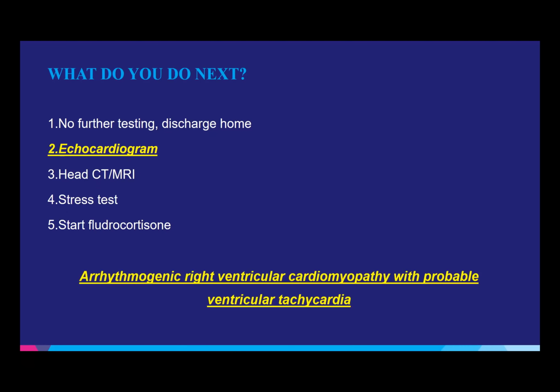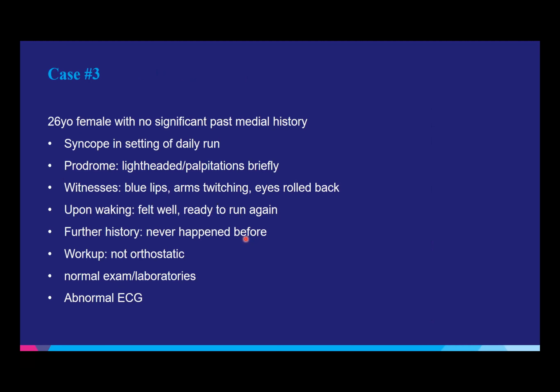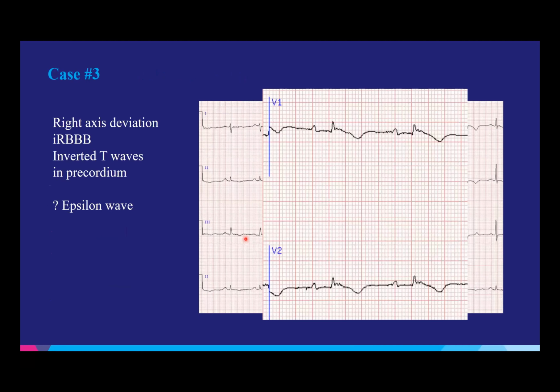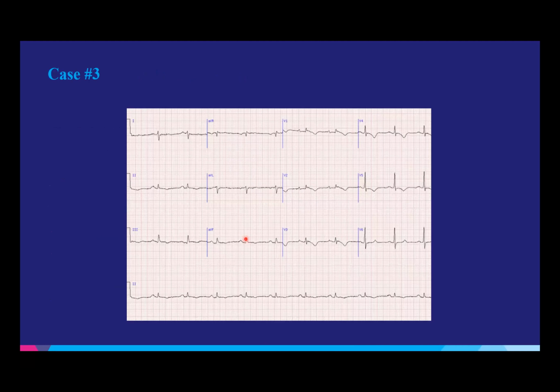This is an entity worth knowing. I had not seen it, but arrhythmogenic right ventricular cardiomyopathy is well known to cause ventricular tachycardias. When a very young woman with great exercise tolerance suddenly passes out while exercising, it's hugely concerning when she walks in with an EKG that doesn't look normal.